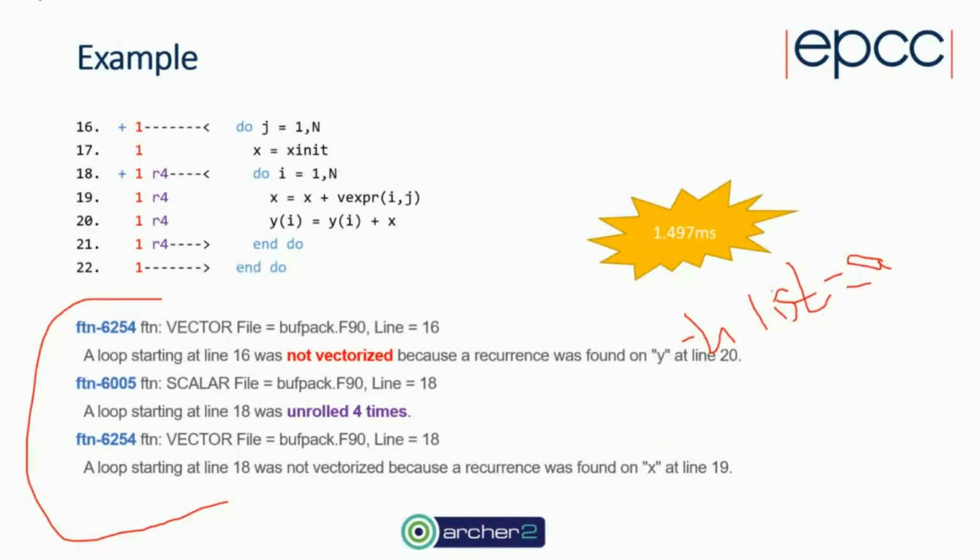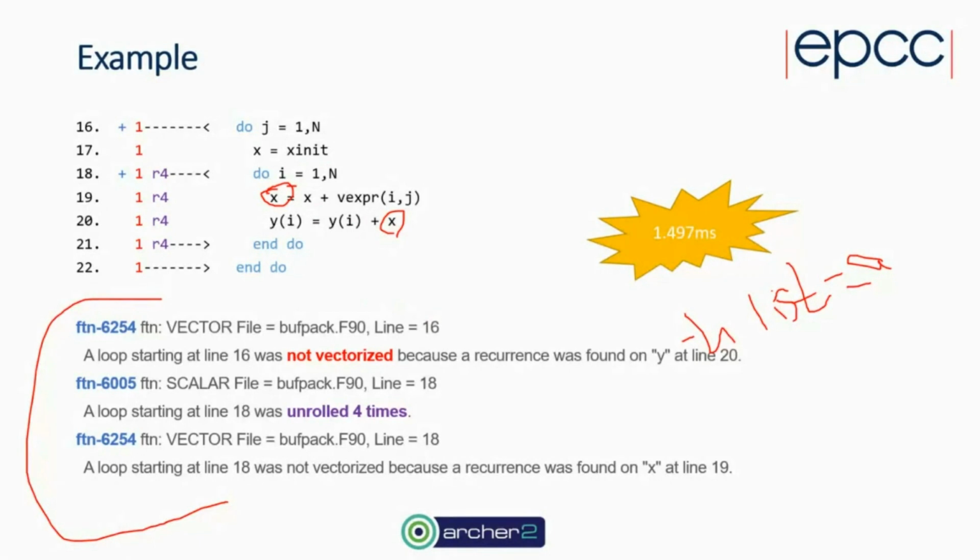And it will tell us, look, I've gone through this, there's a loop starting on line 16, it's not being vectorized because there's a dependency here. It thinks there's a dependency on this X statement here, because there's a recurrence of this X statement, so it doesn't like that.